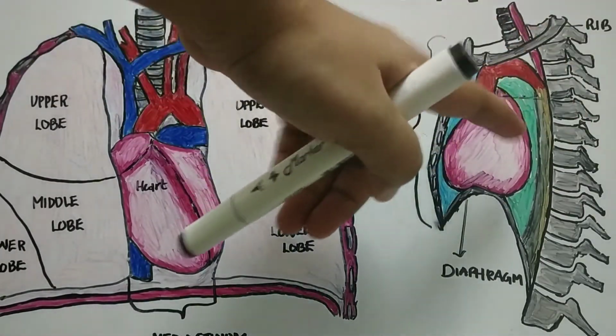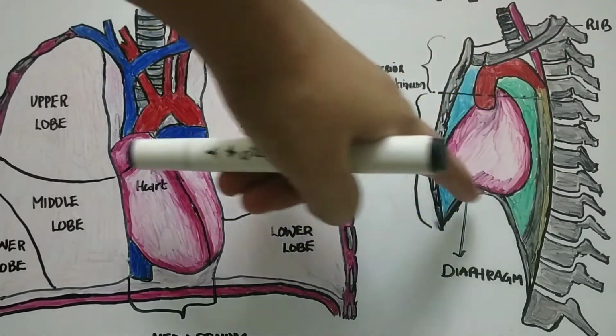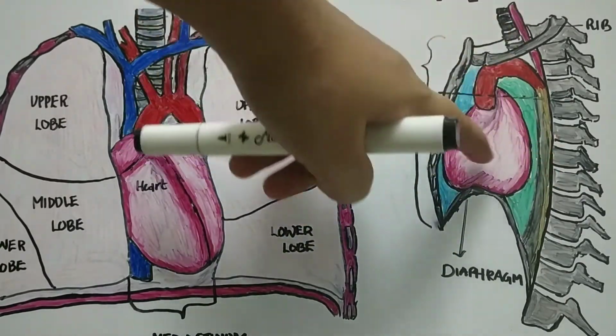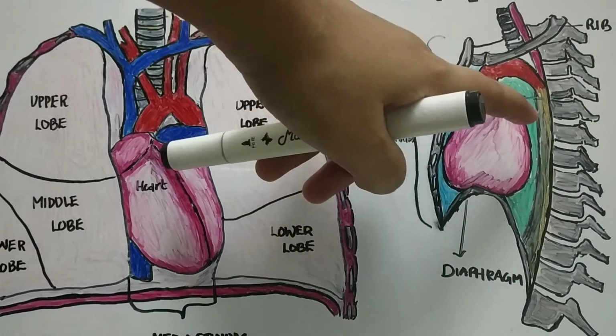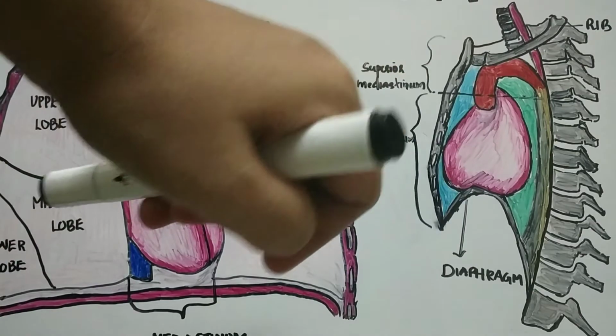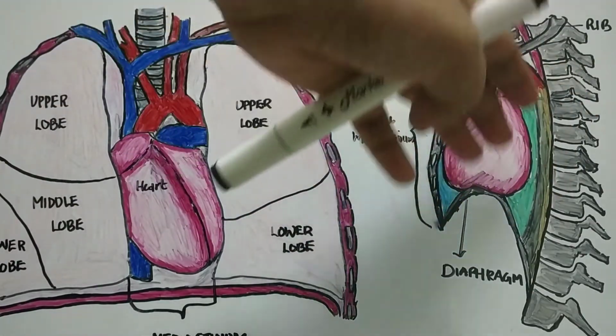And the contents: the heart is one of the most important contents of the middle mediastinum. The heart is enclosed within the pericardium, along with the ascending aorta, pulmonary trunk, and the two pulmonary arteries.